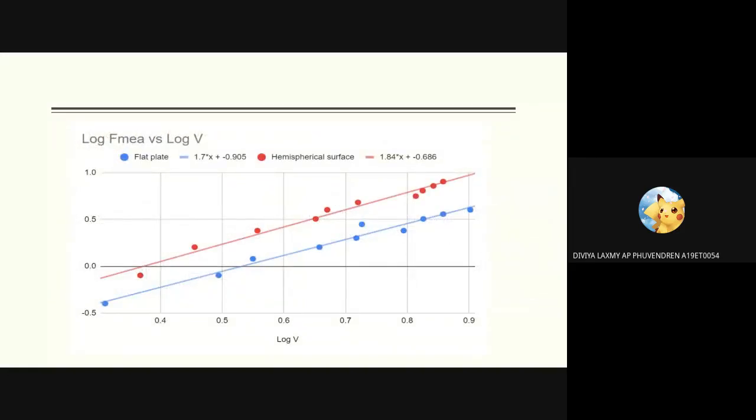This first graph is log measured force versus log volume for both the hemispherical surface and flat plate in comparison, in which we can see that the measured force for the hemispherical surface is greater than the flat plate.